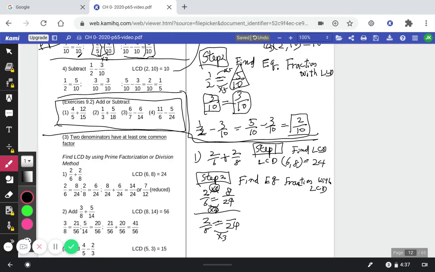So you multiply by 3 on the top as well, then 6/24. Okay. So those are the two equivalent fractions.